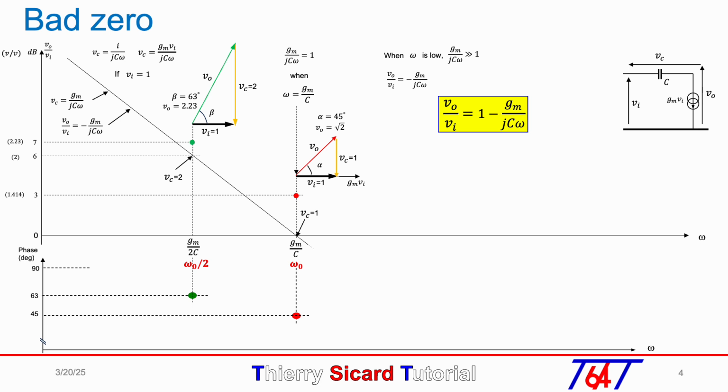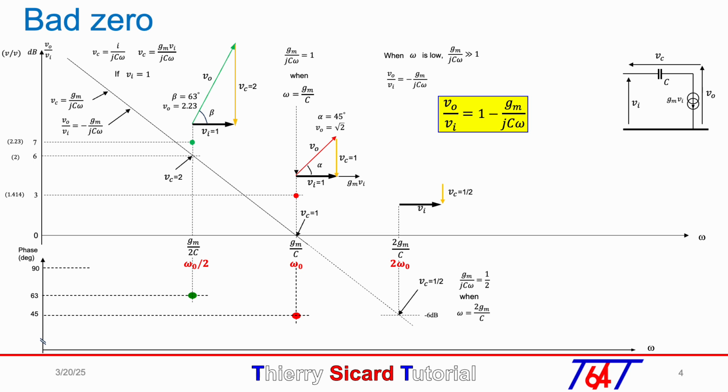If the asymptote continues to the minus 6 dB point at omega equal to 2ω0, meaning 2gm over C, we can plot Vi equal to 1 and vector Vc equal to 1 over 2.